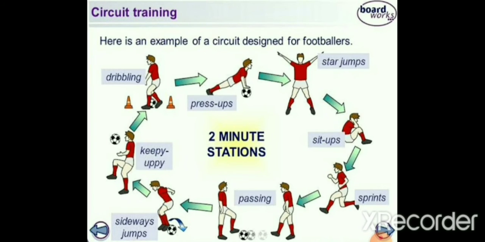For example, the first subject will stand at the dribbling position, the second at the push-up or press-up position, next is star jump, fourth is sit-ups, next sprints, passing, sideways jump, etc. So this is the example for footballers, and each station is designed for a maximum of 2 minutes.